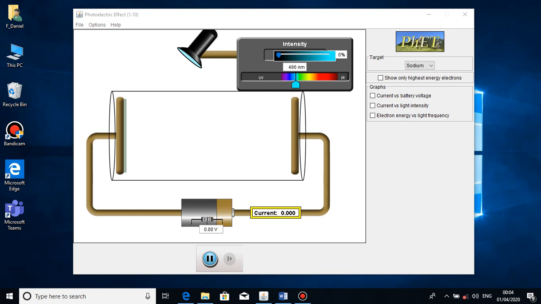Now I'm assuming that light moves in space as waves, which means that the intensity of the light wave is the only characteristic that affects the energy of light.